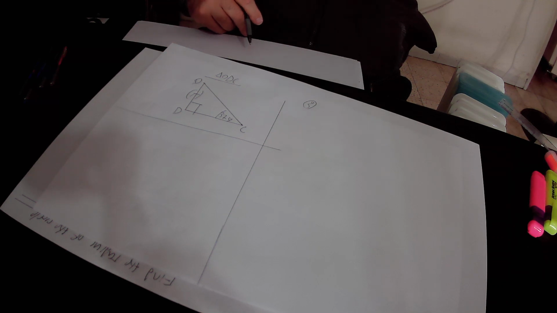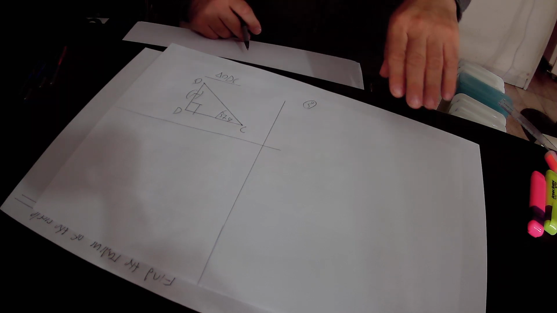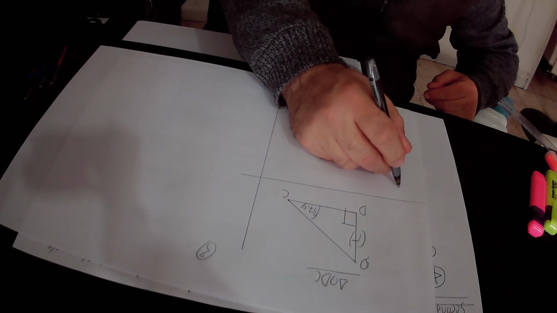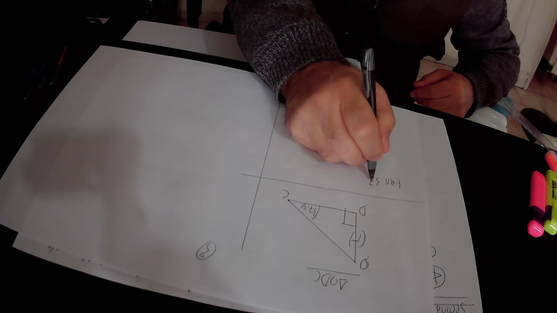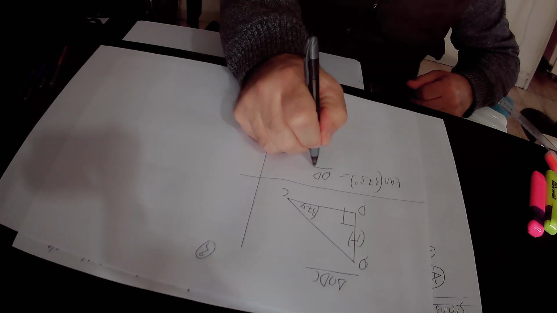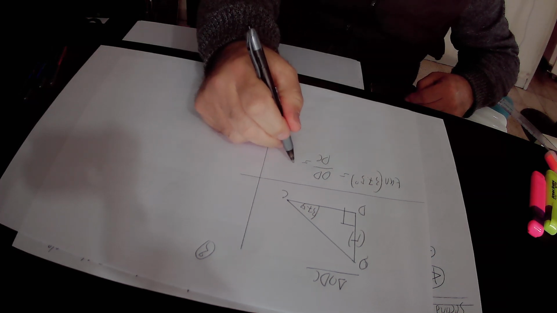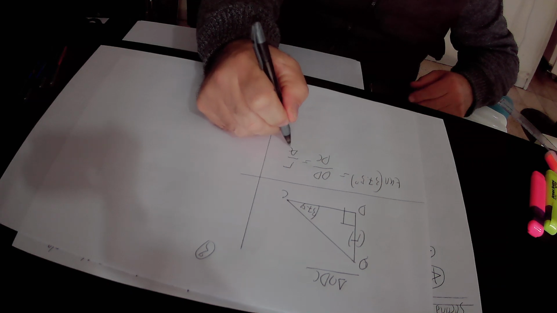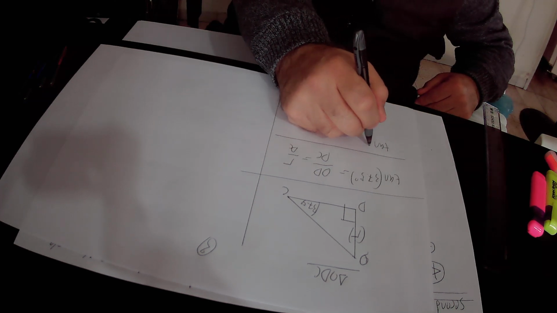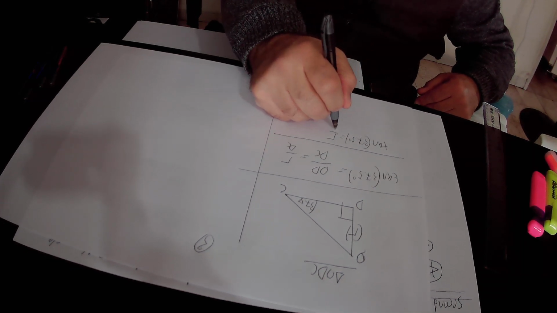So in this right triangle, tangent 37.5 degrees equals OD over DC. OD is R, so it is R over DC.